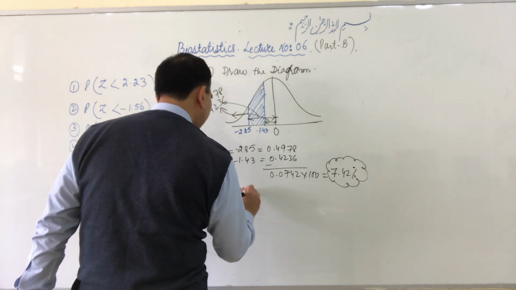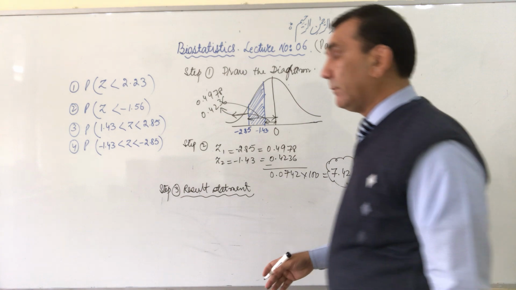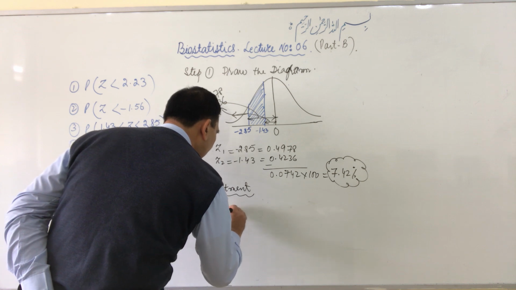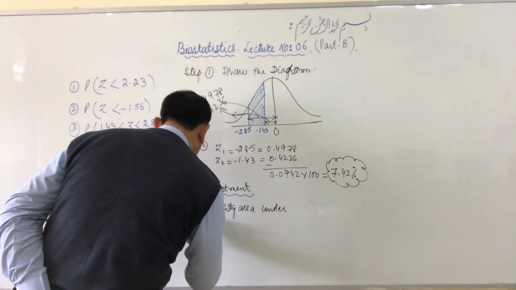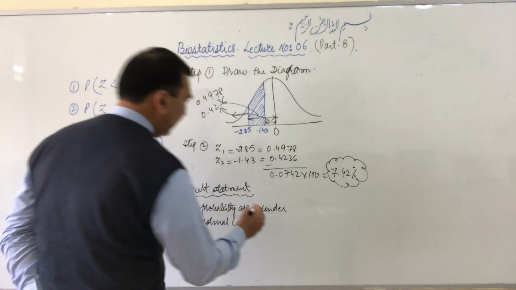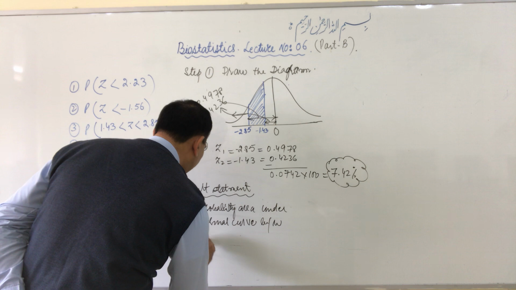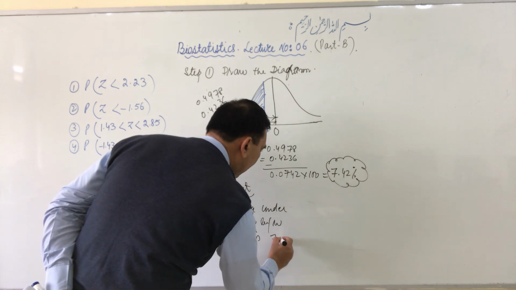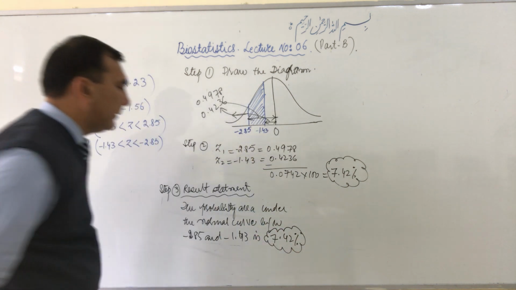Without writing the result statement, you cannot say what the 7.42 actually means. The 7.42 says the probability area under the normal curve between minus 2.85 and minus 1.43 is 7.42%.